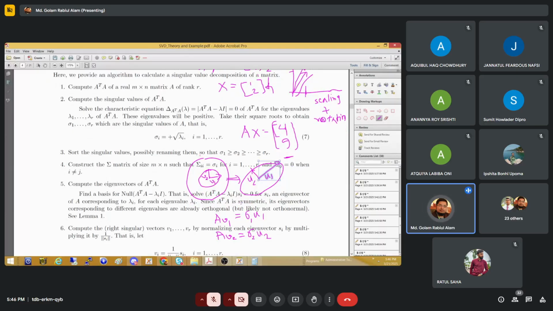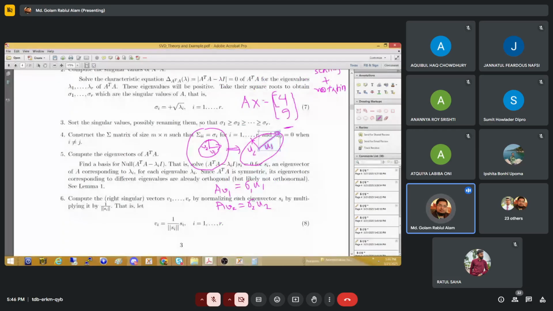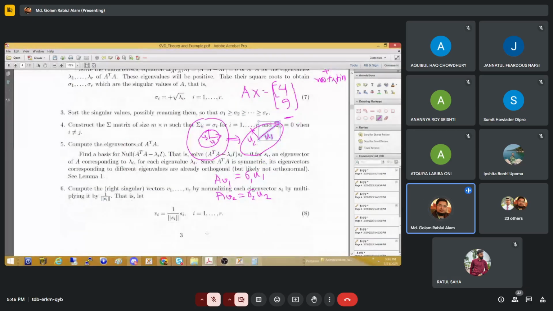If we expand this phenomenon, we have A, and then we can think about a set of vectors like v1, v2, v3, in this way many, up to vn.